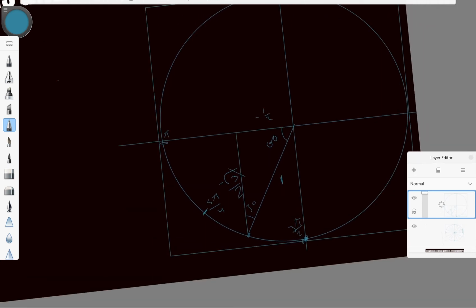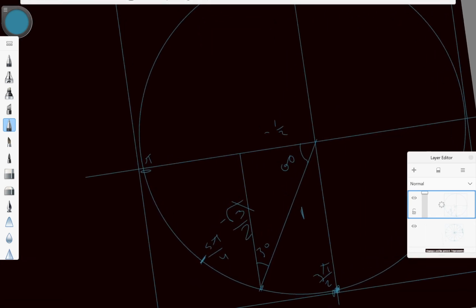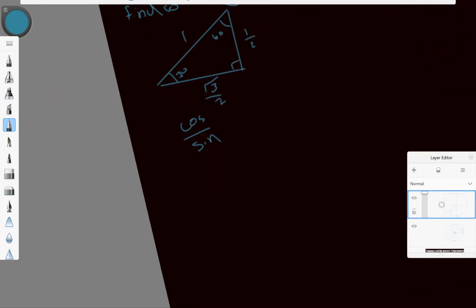Look at us go, right? Because we know the ratio, and we know that in the third quadrant, both x and y will be negative. And so we know that they're both negative. Okay, so we know the cosine is negative 1/2, and the sine is negative root 3 over 2. So let's write that down.